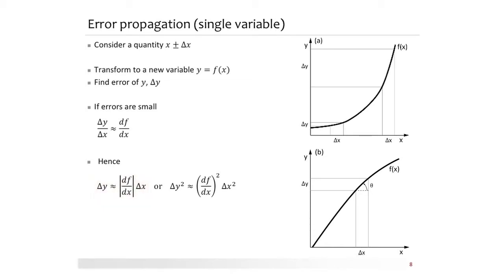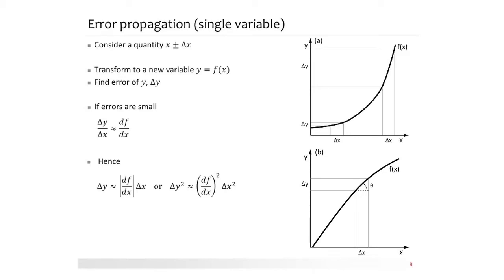I put an absolute value here because df by dx, depending on whether a function goes up or down, can be either positive or negative, but our errors are always positive. It doesn't matter whether the error goes from here to there or the other way around when the function is going down. So there is an absolute value.